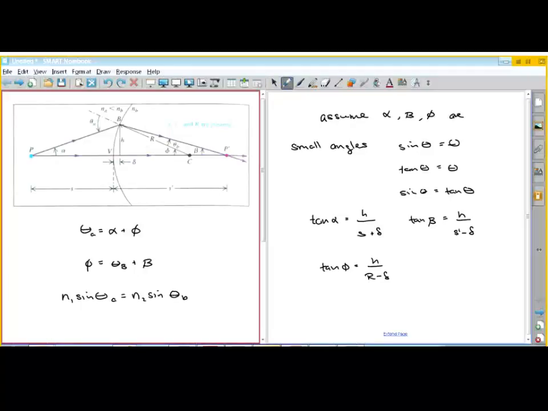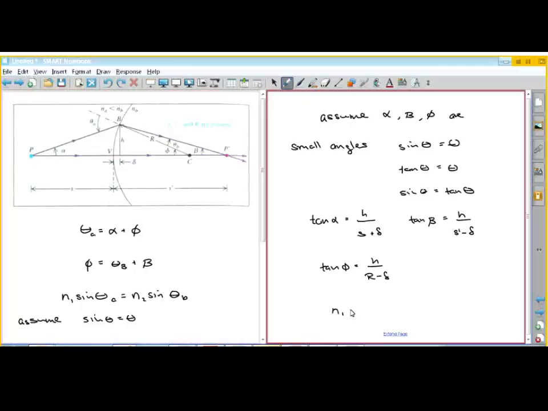Okay, now what we're going to do is assume the sine of theta equals theta. That's true for small angles. So this equation will just become n1 theta sub a is equal to n2 times theta sub b.